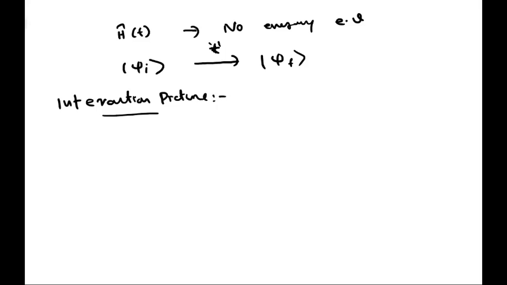It is applicable for the kind of interaction we have discussed already in the example, for Hamiltonians that are time dependent of the form H naught plus H prime, having a time dependence, or you can also take it as some V cap of t, as the interaction has a potential associated with it. Mostly this is the case.